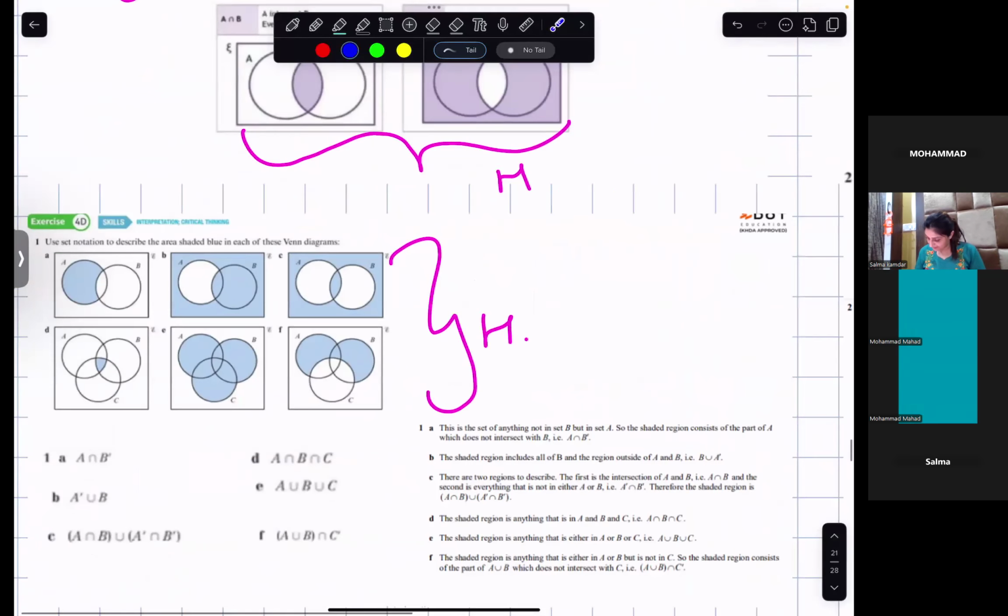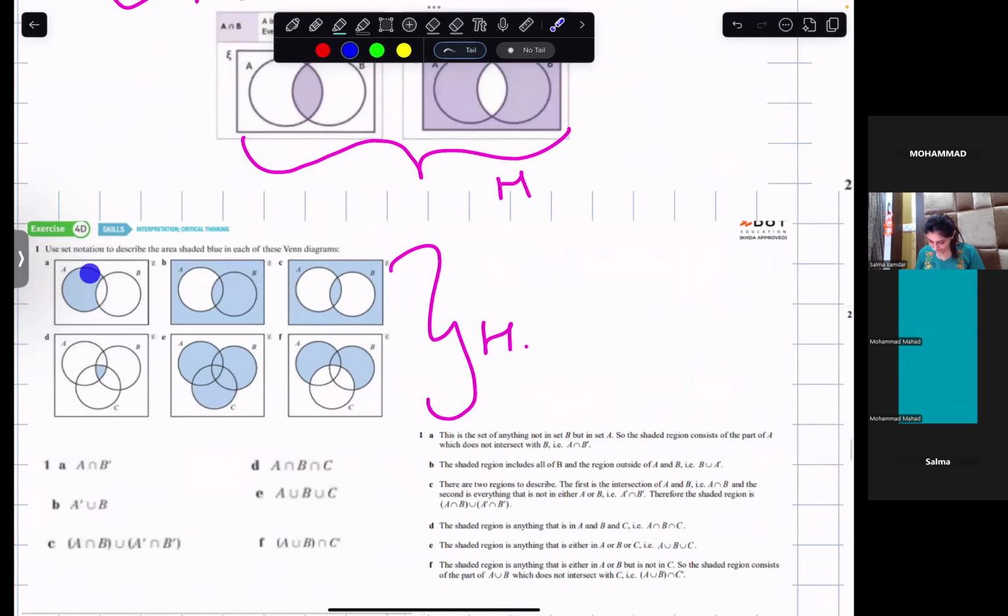Explain this to me. A intersection B not, why? Since we take the intersection of A and B not. I didn't understand this, explain it properly.